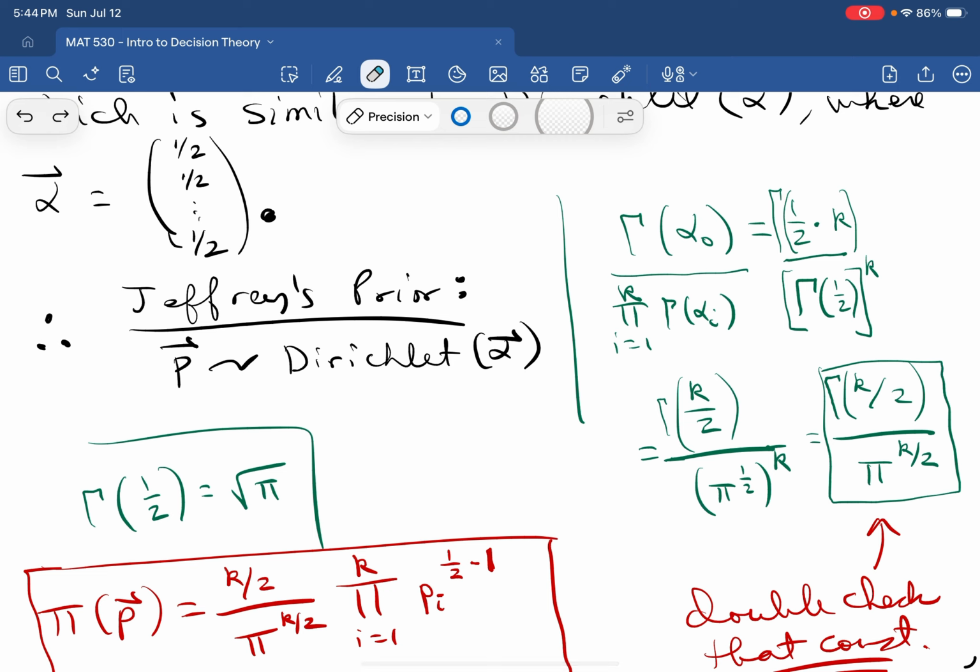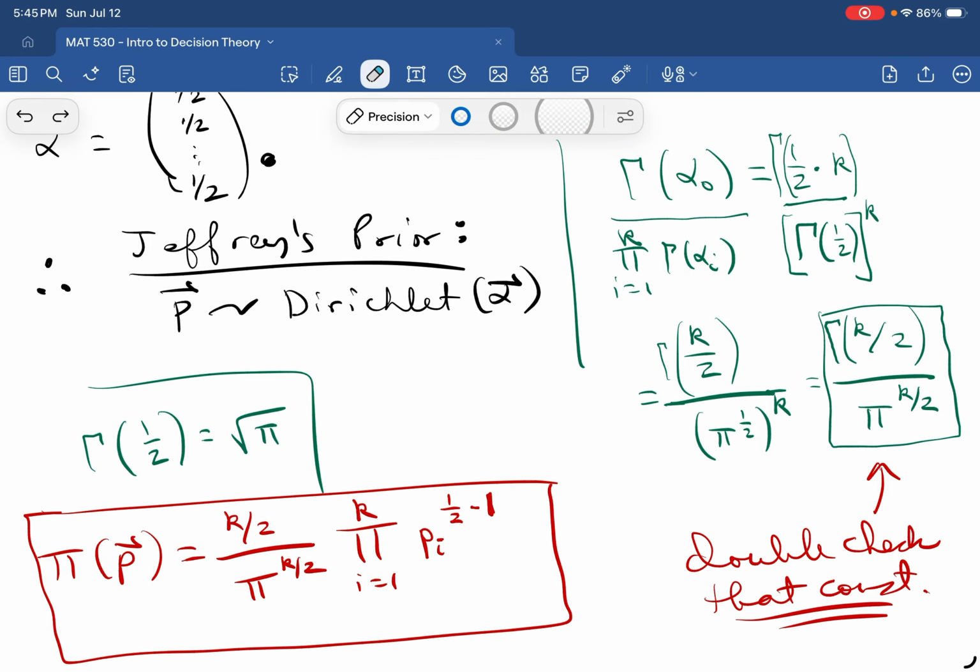So in our example, since we've got all 1/2, the sum of all of those would be k times 1/2, and that's why we did this here. And then divided by that product of all the gamma of alpha i's. And I have a note here to double check, but I'll let y'all do that. So the normalizing constant is this, and so that gets us to the Jeffreys prior.